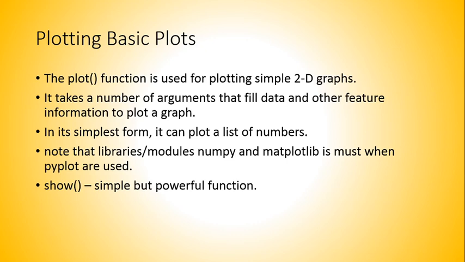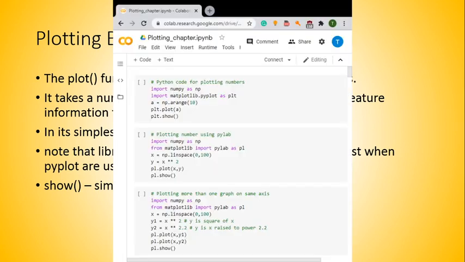For example, as we are going to check here, I have written this code in Colab. This is Python code. As I've already mentioned, if you want to work with matplotlib, you first have to call numpy.